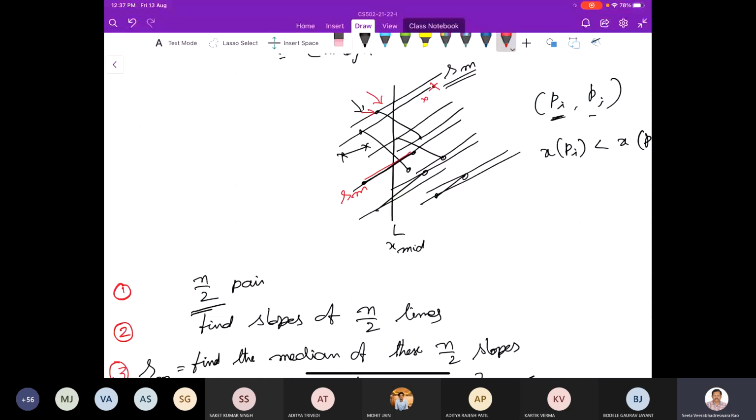Is that clear? Suppose this is what you call a supporting line. Basically, it is a tangent to the final convex polygon. One of the tangents. This may not be a defined edge, but it is a tangent to the final convex polygon.